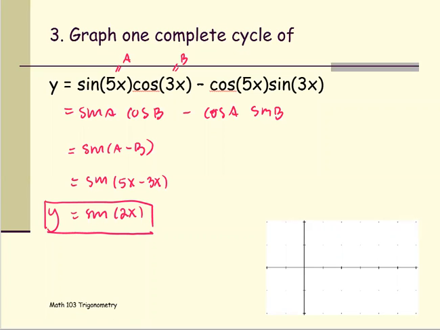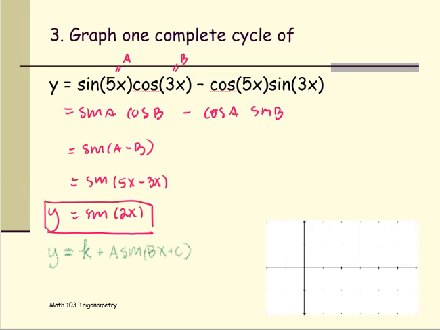One complete cycle of the graph. Recall the standard form of the function that we're going to use to find the properties of the graph: y equals k plus a times sine of bx plus c.